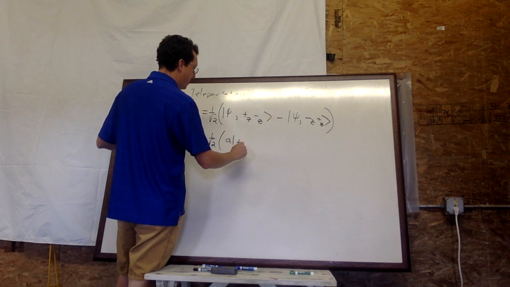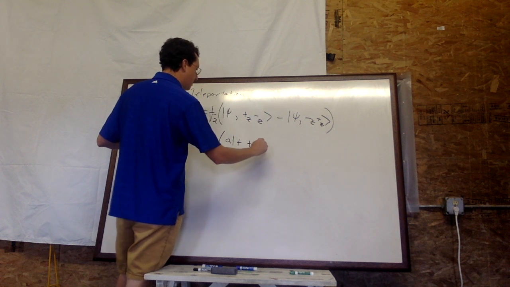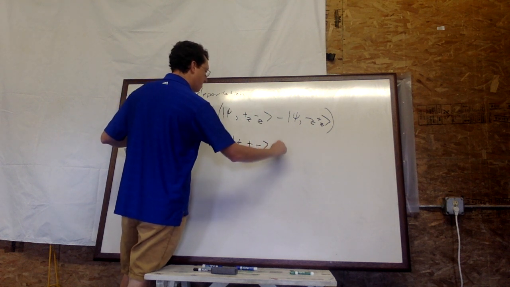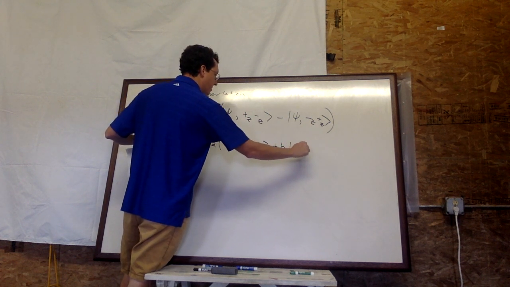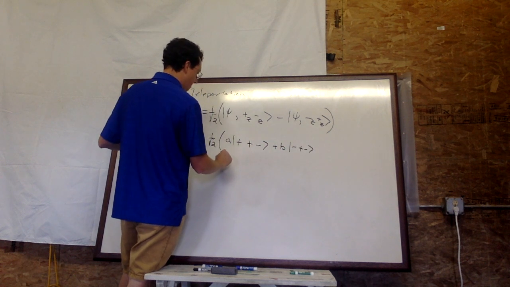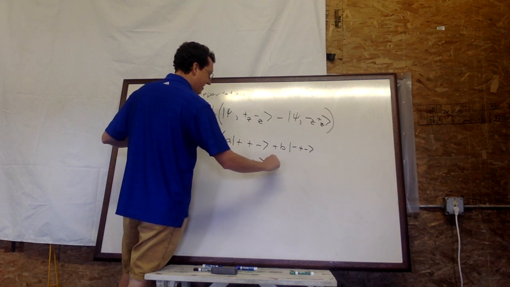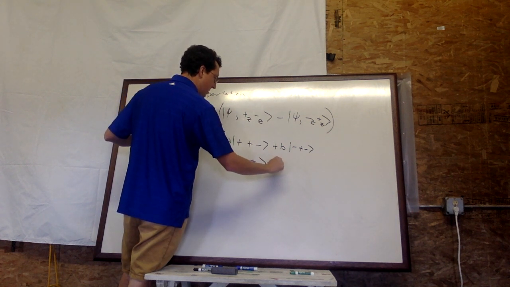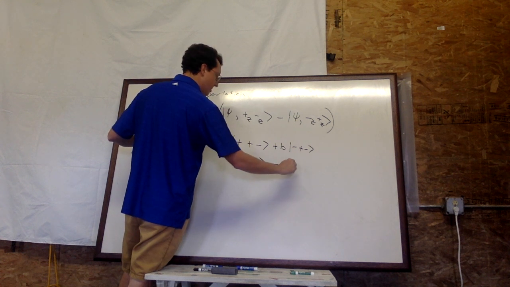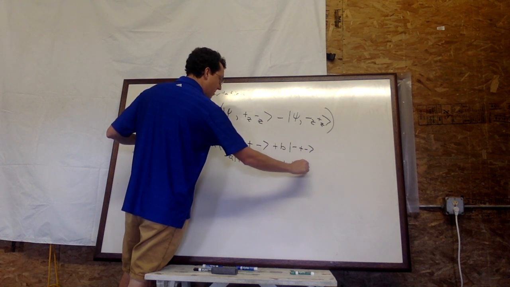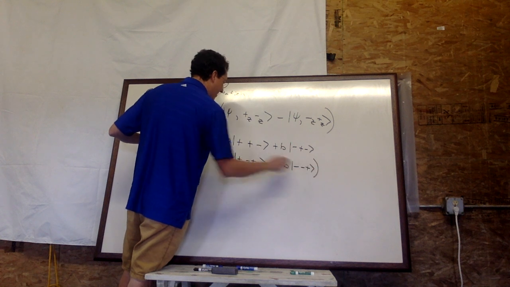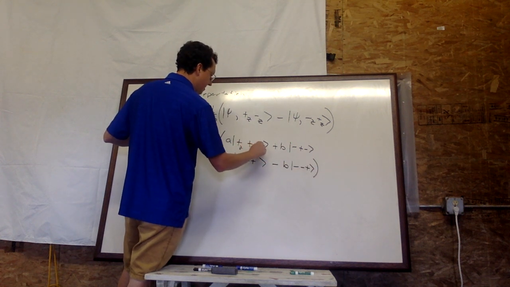All of these are going to be z states, so I'm just going to write plus plus minus, plus b minus plus minus, minus a plus minus plus, minus b minus minus plus. And all of these are z directions.